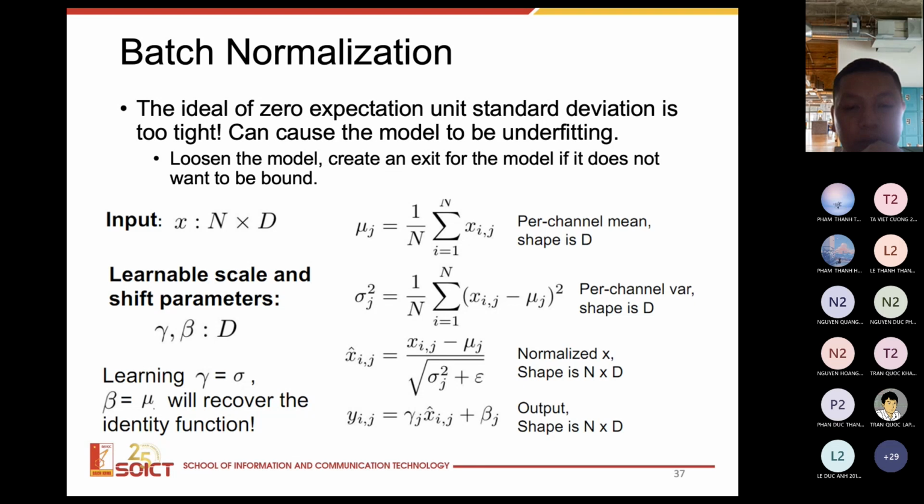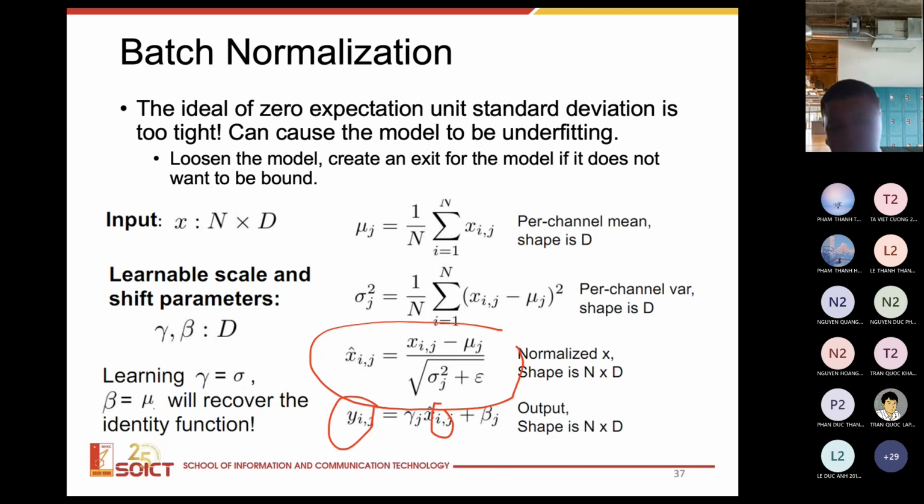This is the unit standard deviation, right? And we can modify it a little bit, and now the new output will be y equal to the output multiplied with gamma plus beta, right?